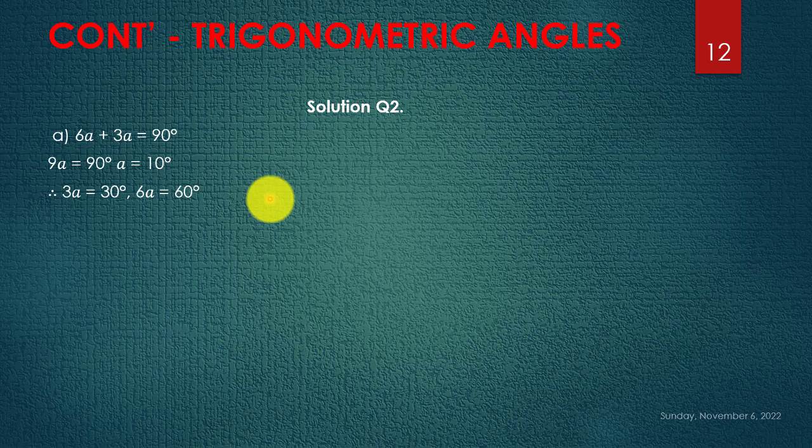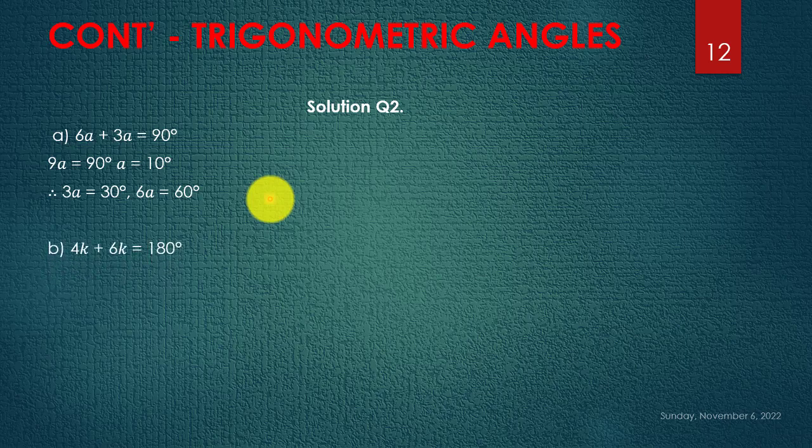So when you sum 6A and 3A, we are getting 9A equal to 90 degrees. And when you divide both sides by 9, we get A to be 10 degrees. Thus, 3A will give us 30 degrees and 6A will give us 60 degrees.